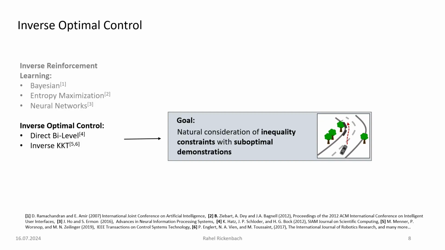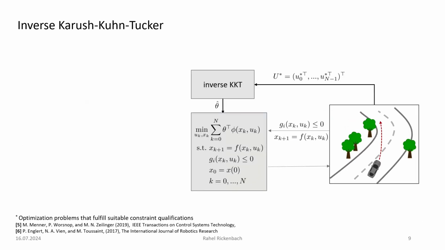We therefore focused on the tool of inverse Karush-Kuhn-Tucker estimation, which, as its name says, builds upon the Karush-Kuhn-Tucker conditions. These provide necessary conditions for the solution of a large group of optimization problems.